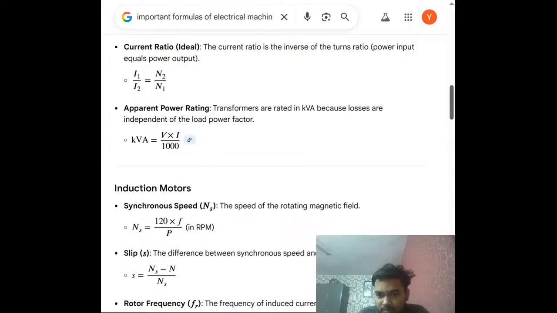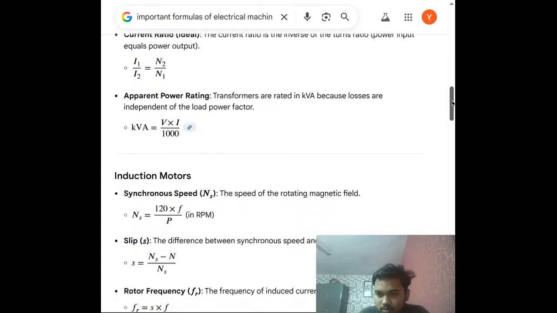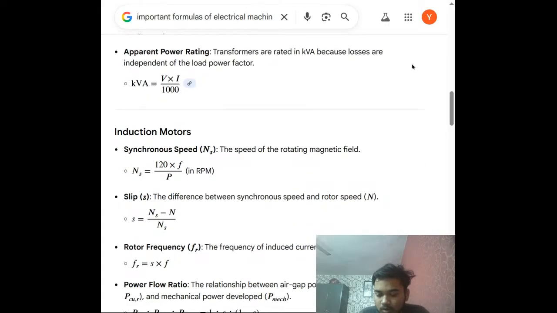The transformer rating is in kVA because losses are independent of the load power factor. The kVA is the apparent power rating, which means V into I upon 1000.